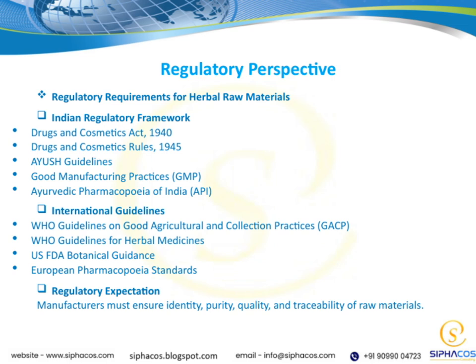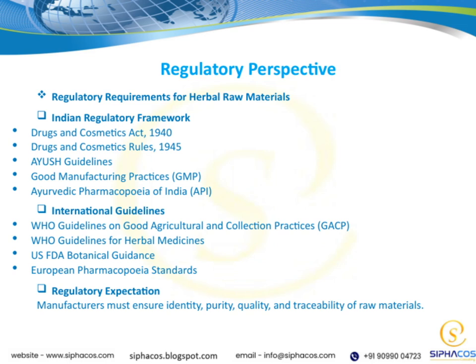For herbal products specifically, the AYUSH guidelines play a crucial role, emphasizing traditional practices and safety standards. Good manufacturing practices, or GMP, are also critical to maintain quality during production. Additionally, the Ayurvedic Pharmacopoeia of India, or API, sets standards for herbal drug quality and identification.